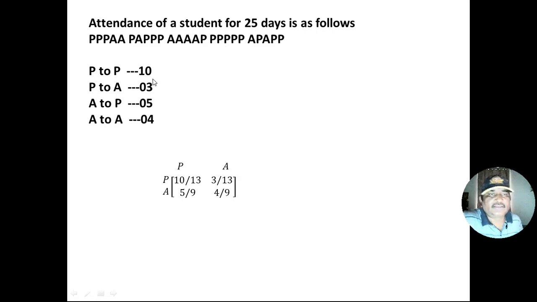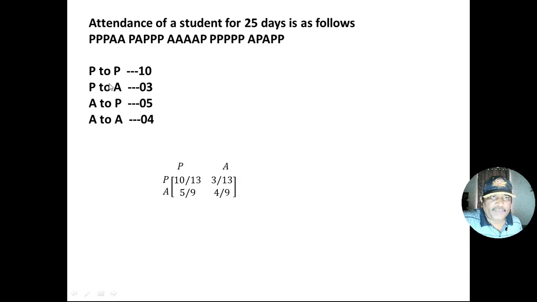There are 10 transitions from P to P. Likewise, you count the transitions from P to A: here is one, two, three transitions from P to A. Then A to P: one, two, three, four, five transitions. And from A to A: one, two, three, four. Four transitions are there.